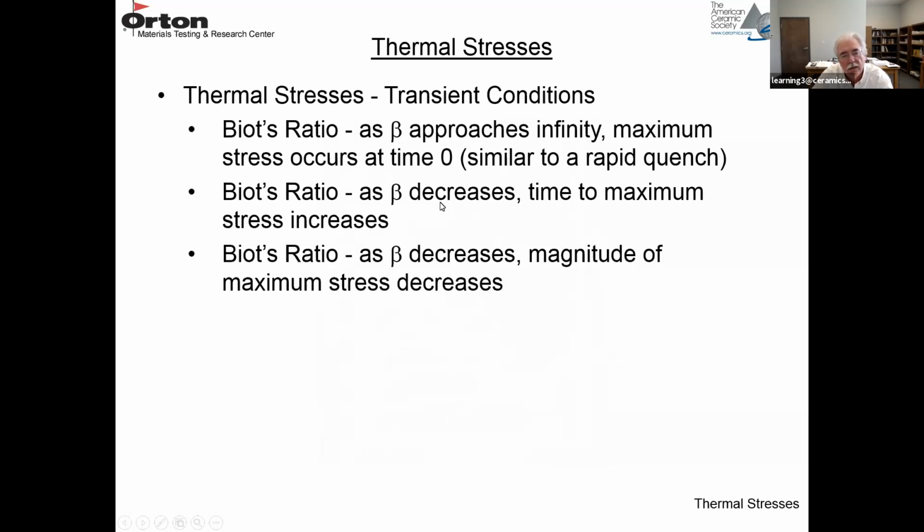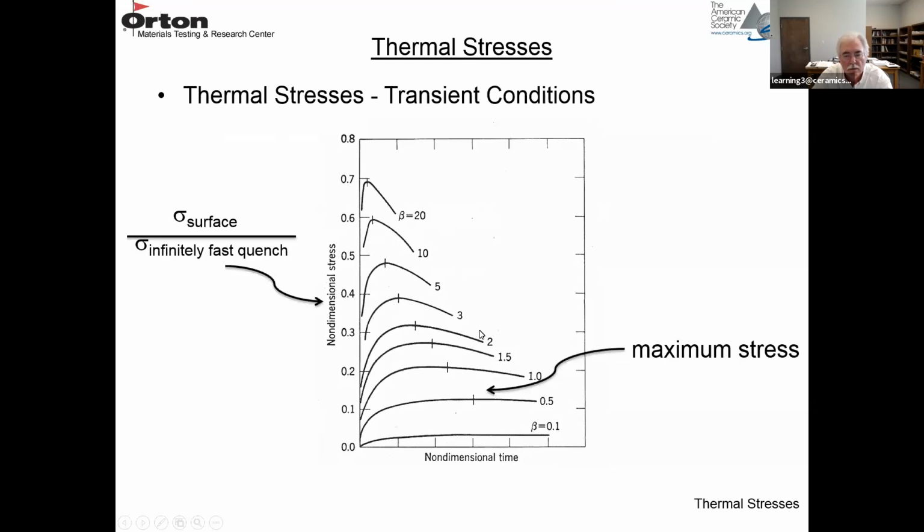As beta decreases, the numbers decrease, the time to the maximum stress increases. So these vertical lines are the maximum in the stresses. So as beta decreases, it's a slower quenching, and the time to the maximum stress actually increases.